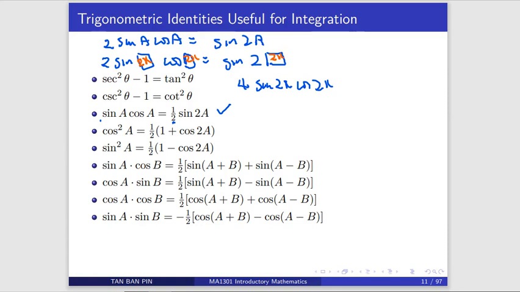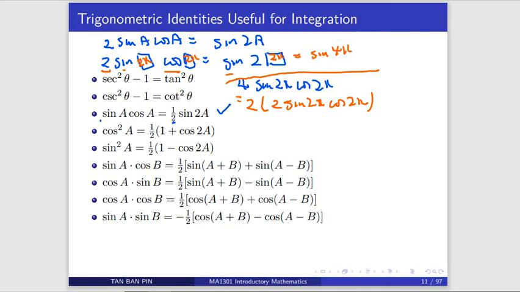You write 2x inside the box, then 2 sine 2x cosine 2x is sine 2 of 2x, which will give you sine 4x. So first, you should take this as 2 bracket 2 sine 2x cosine 2x.